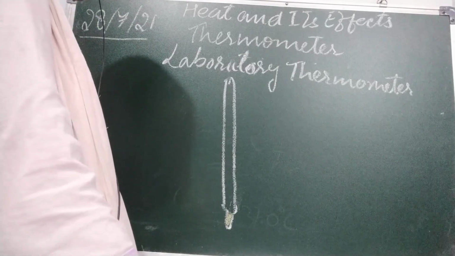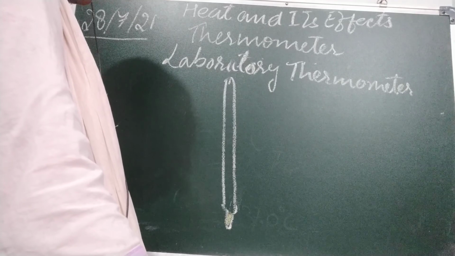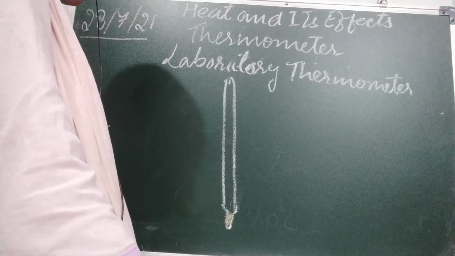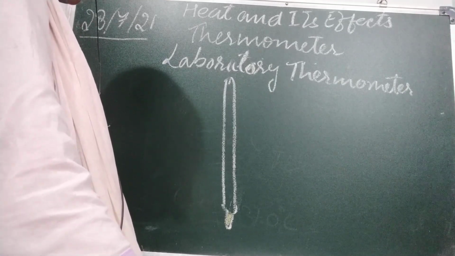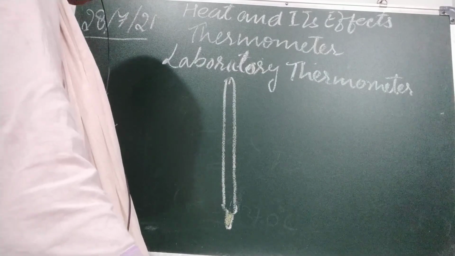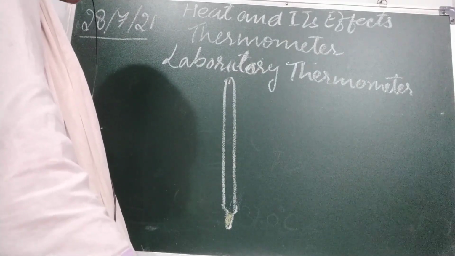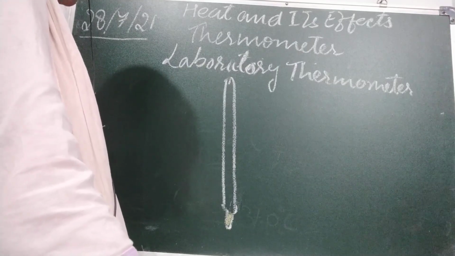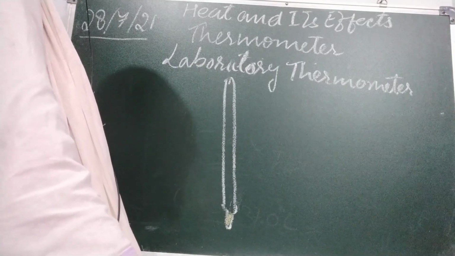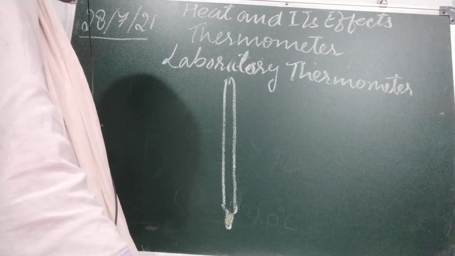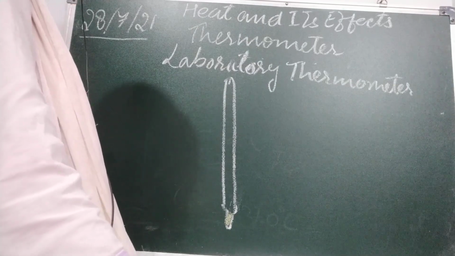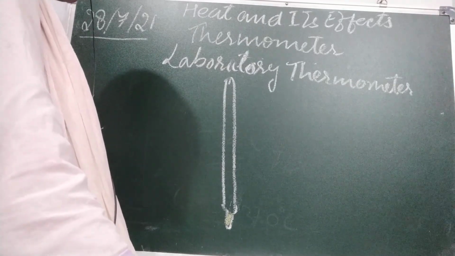The liquid may be alcohol, red in color, or maybe mercury. The most commonly used liquid is mercury. Why do we use mercury? Because it is silver in color and we can easily read it. And we also use alcohol. A shining thread of mercury can be seen from outside the thermometer. That is why we use mercury.